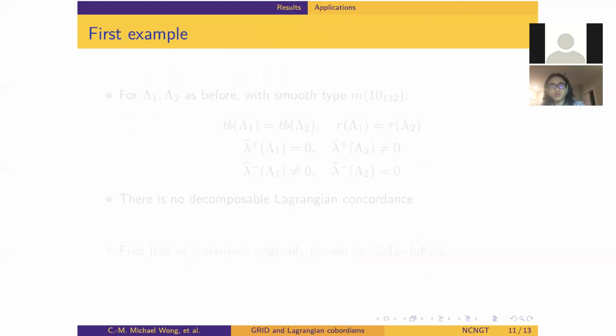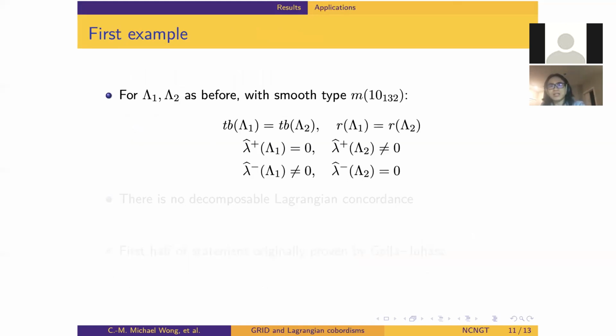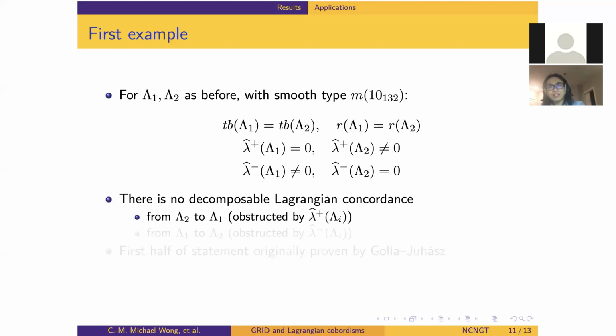Now, I want to give you two quick examples. The first example is, if we have lambda 1 and lambda 2 as before, here the TB and rotation numbers and also the grid invariants. There is no decomposable Lagrangian concordance from lambda 2 to lambda 1 because here lambda 2 is bot, lambda 1 is top.